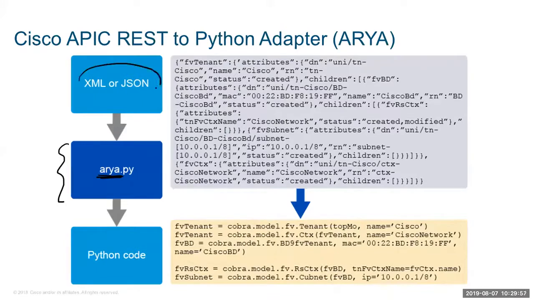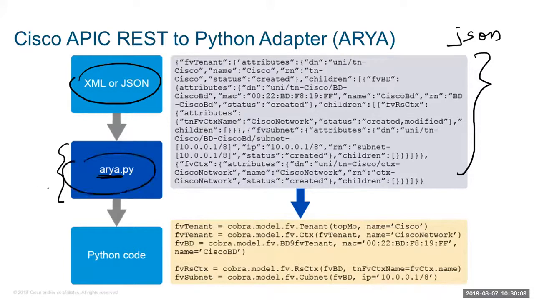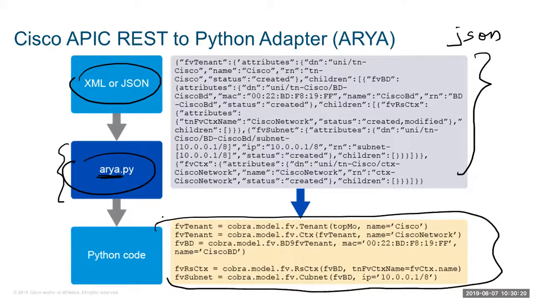So take any XML or JSON, and that's actually showing us JSON. Maybe you right-click and you say save as, and you save it in JSON. Run it through ARIA, which is a command line utility. And that will generate your Python code, example. And you might see it's using Cobra, the software development kit.